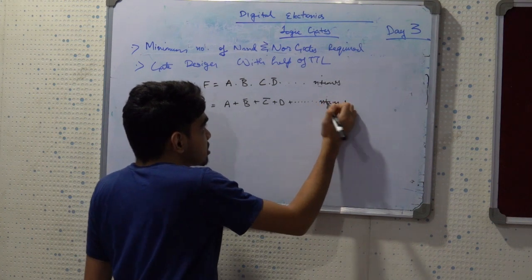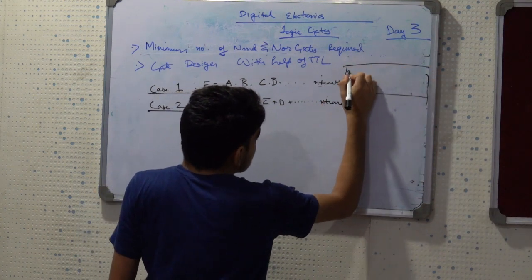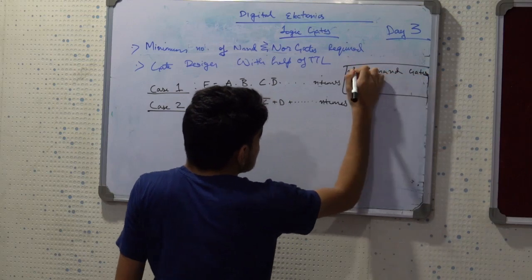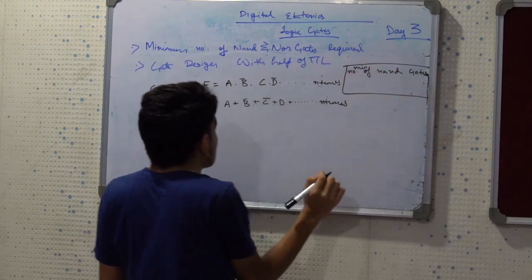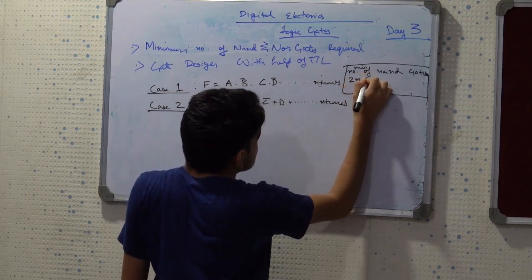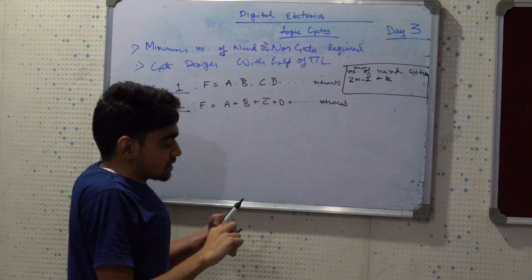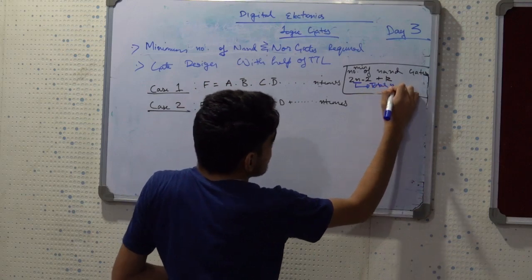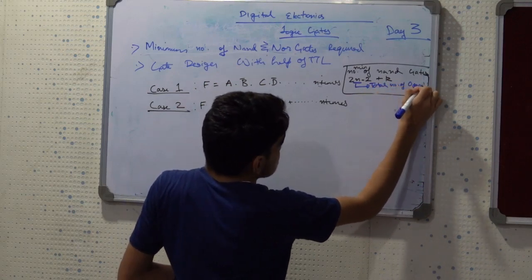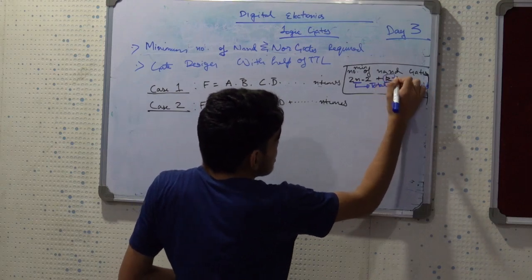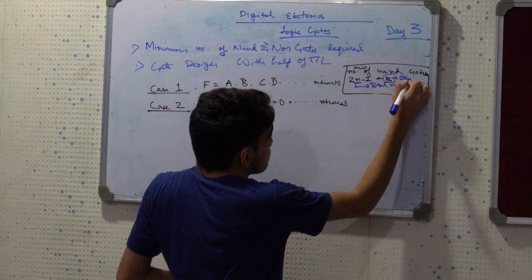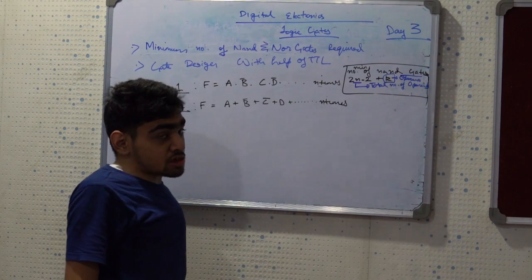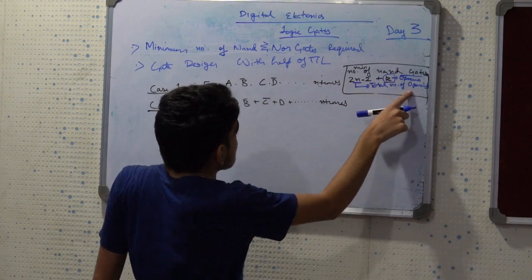Consider a formula: the minimum number of NAND gates is 2n minus 2 plus k, where n is the total number of variables or operands, and k is the number of operands in complement.